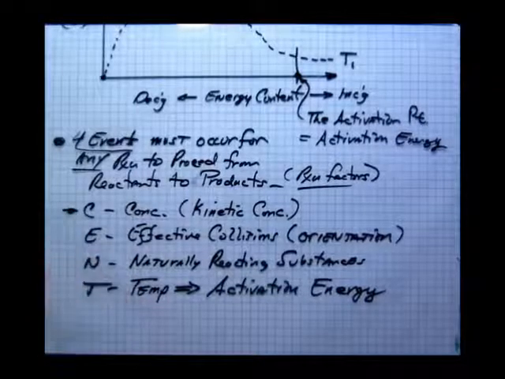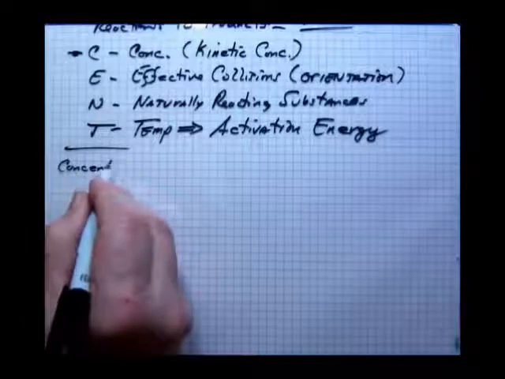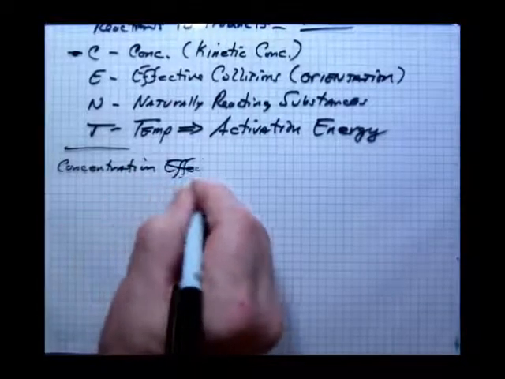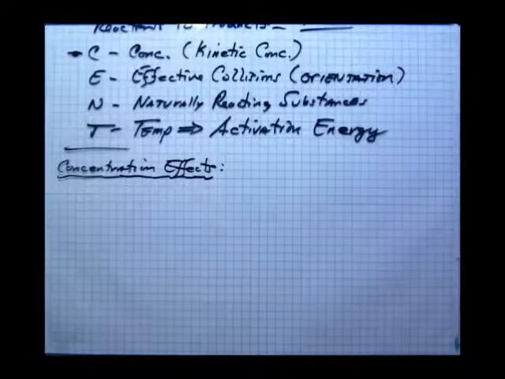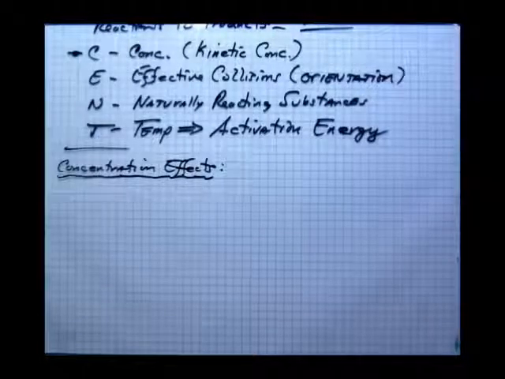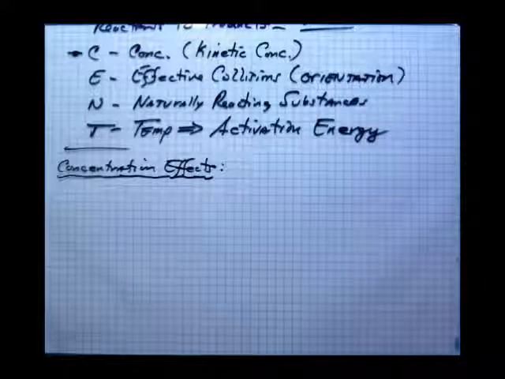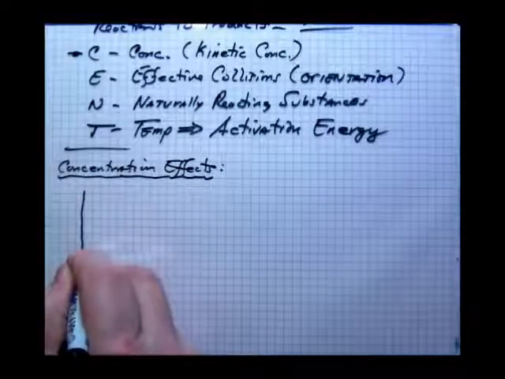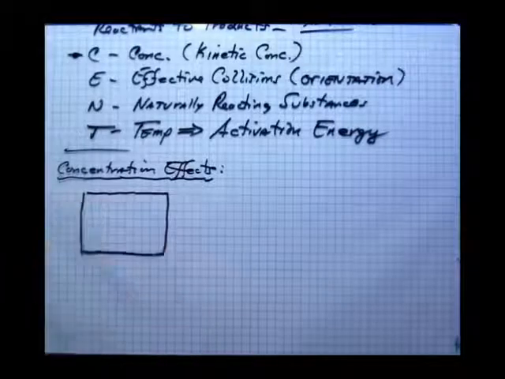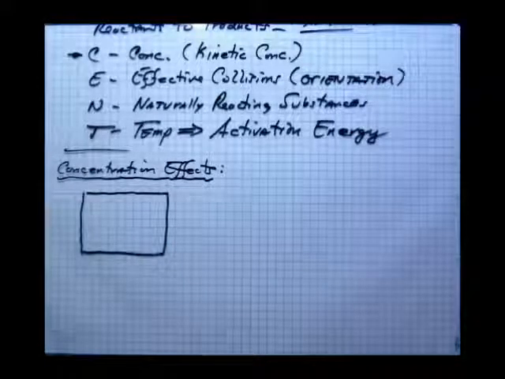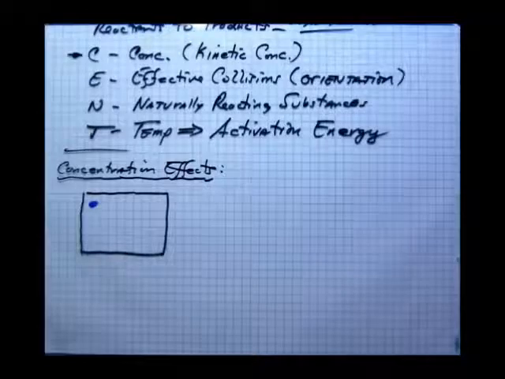Looking at concentration effects first. What this refers to is you have to have a sufficient concentration of reacting particles, A and B, say, for A to find B. If we take a reaction chamber, say it's like this room, and over here we have one particle, a blue particle, and they have to hook up.